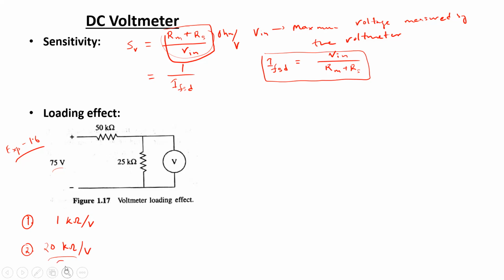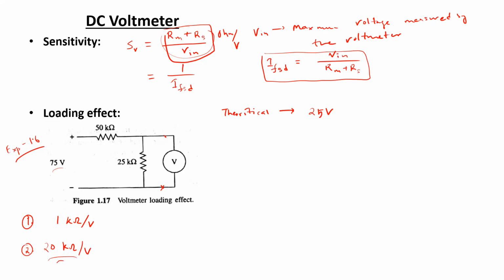Now in terms of the numerical values, if we consider the theoretical calculation without considering the voltmeter connected across the 25K resistance, it can be said that the theoretical value for the voltage across the 25 kilo ohm resistance here would be 25 volts if it is calculated theoretically.